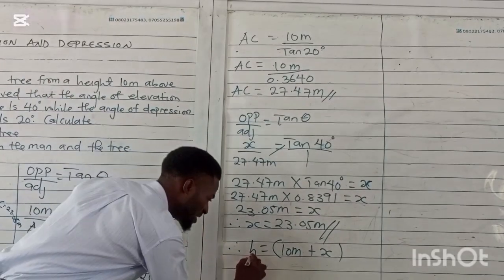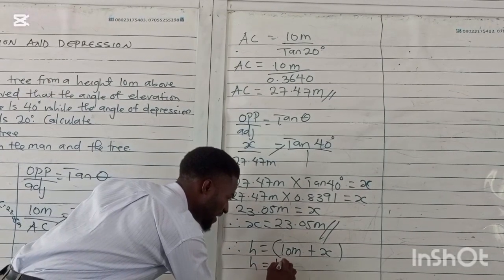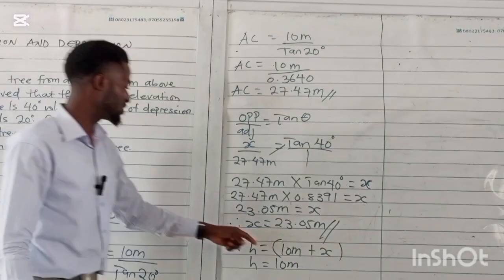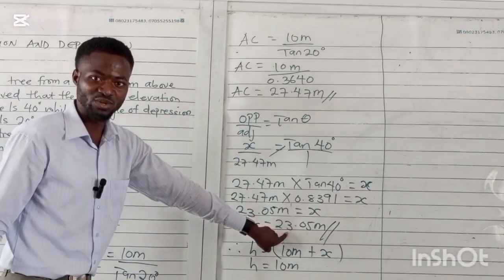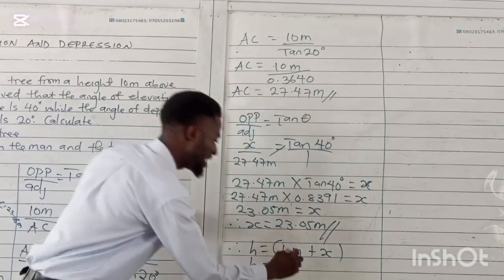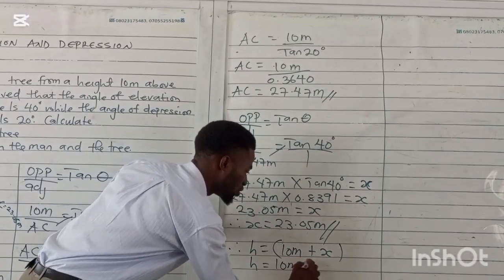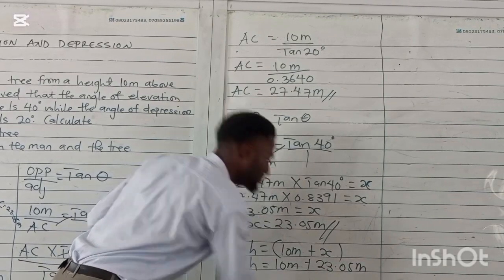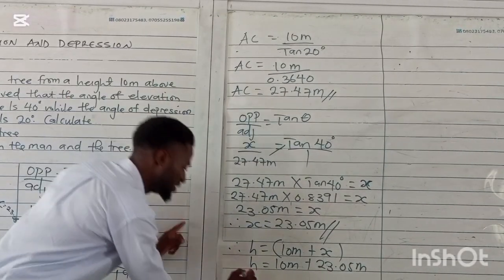Instead of writing x, we have already gotten the value of x as 23.05. So we now have 10 meter plus 23.05 meter.